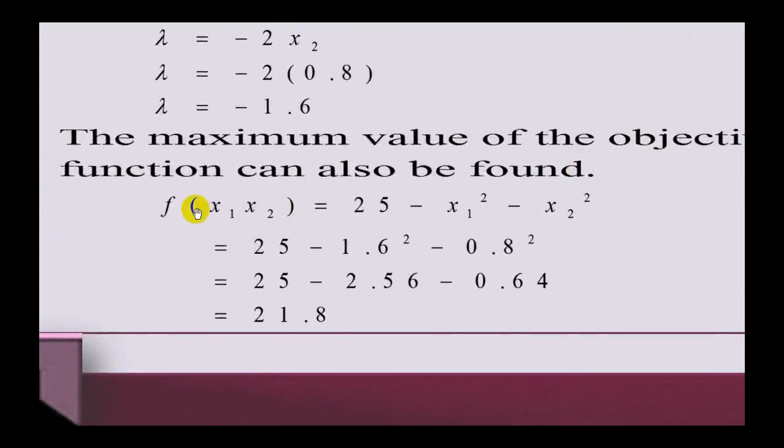F of x1, x2 equals 25 minus x1 squared minus x2 squared, which equals 25 minus 1.6 squared minus 0.8 squared, which equals 25 minus 2.56 minus 0.64, which equals 21.8.